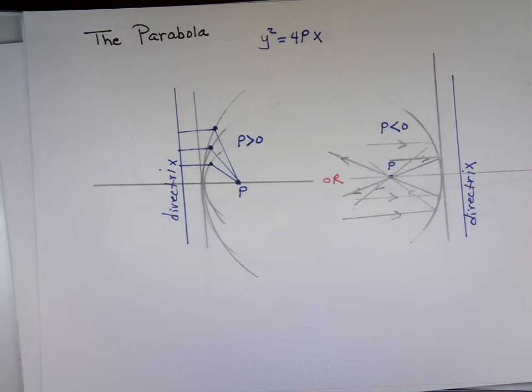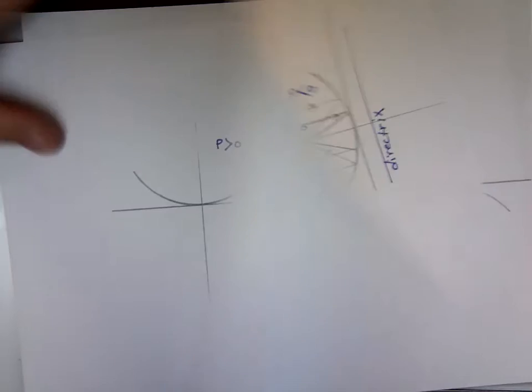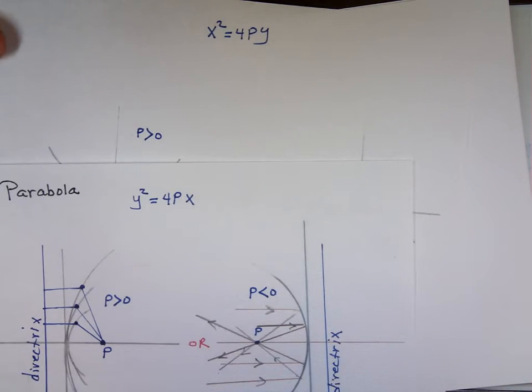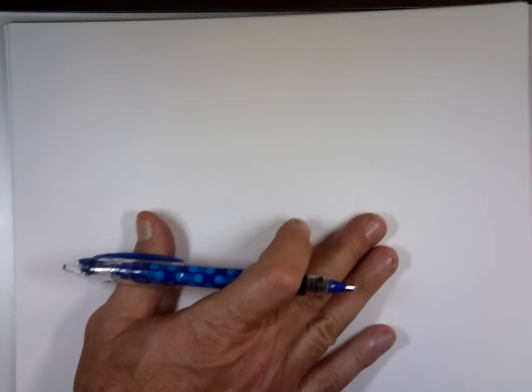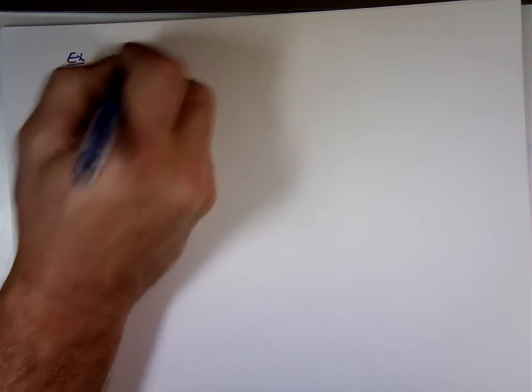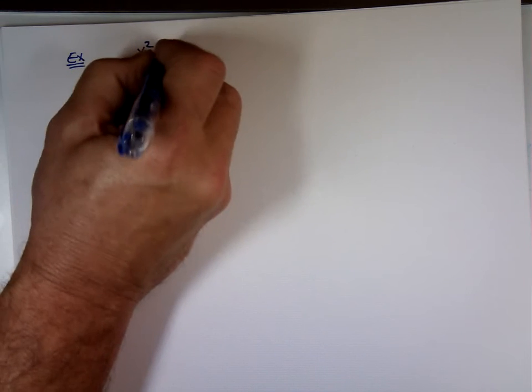So let's look at some of the examples given to us. So we have to decide if it's going to open up or down, or left or right. There's an example. X squared equals 4y.